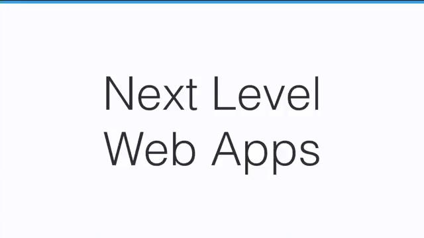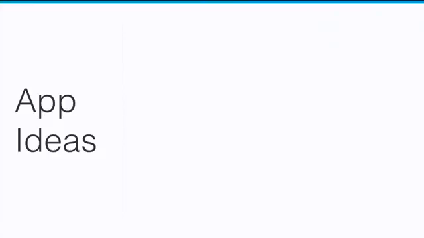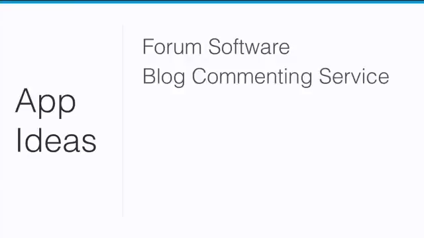So let's talk about some application ideas. There's a lot of really cool things you can do with the SDK, and I think it opens up a completely new way to think about the way we develop web applications. So a couple of things you can do with the SDK: writing forum software so people can communicate with each other over forum. Similarly, a blog commenting service would be pretty easy to do with the SDK.